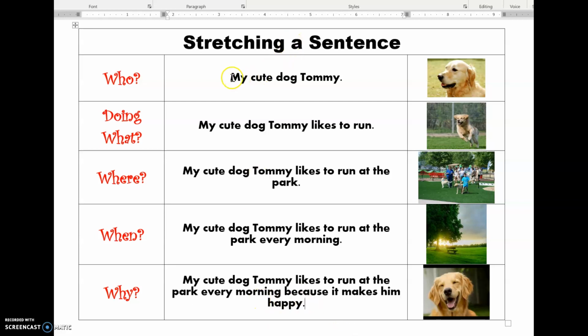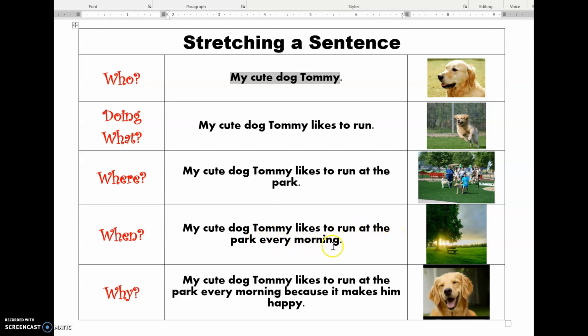Did you see, my friends, from this one tiny little sentence, we kept asking questions and we kept stretching the sentence. My cute dog Tommy likes to run. My cute dog Tommy likes to run where? He likes to run at the park. My cute dog Tommy likes to run at the park when?